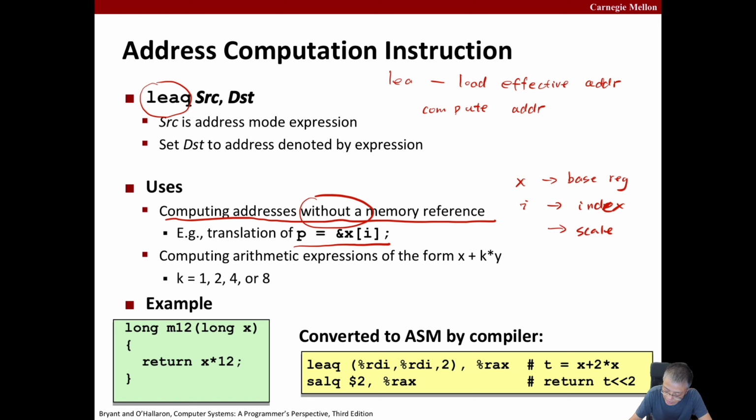Now, if we get this address using LEA, it will just calculate this address and assign it to a variable. So this is different from p equal to x[i], where we are actually accessing the memory, right? Here we have an address-of sign. If you are confused about those two, you need to refresh your knowledge of C pointers.